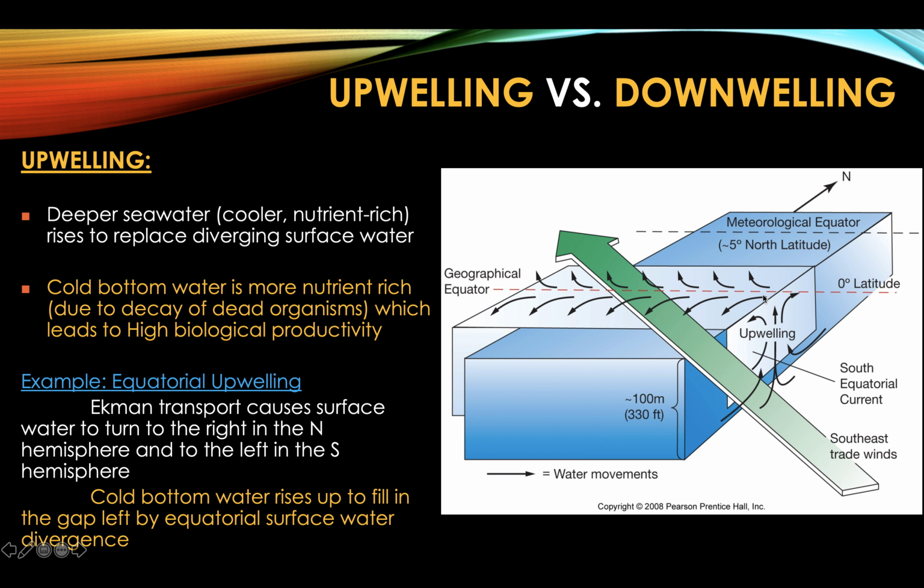So that's called upwelling, and usually you have areas of high biological productivity. There also tend to be a lot of fishing industries built at coasts that are famous for upwelling.